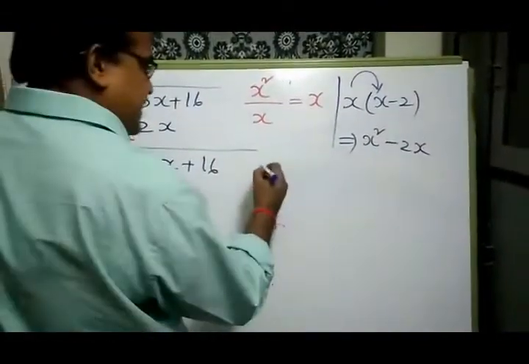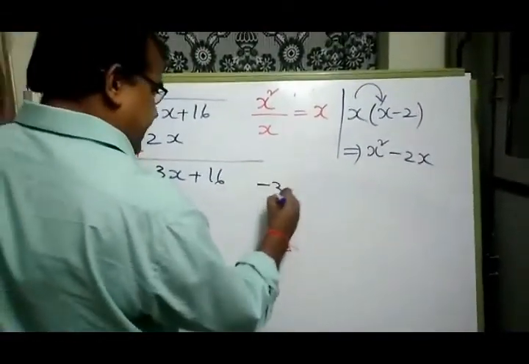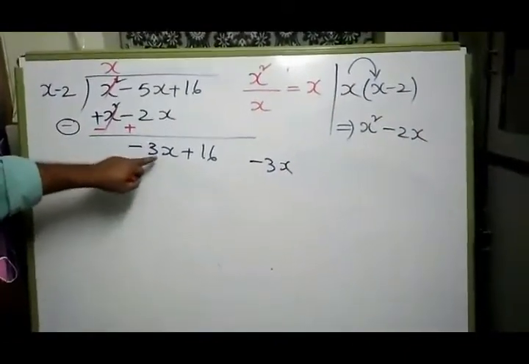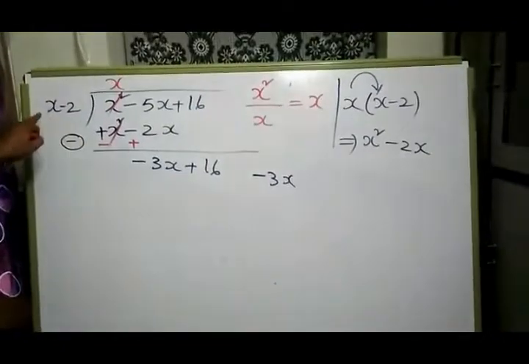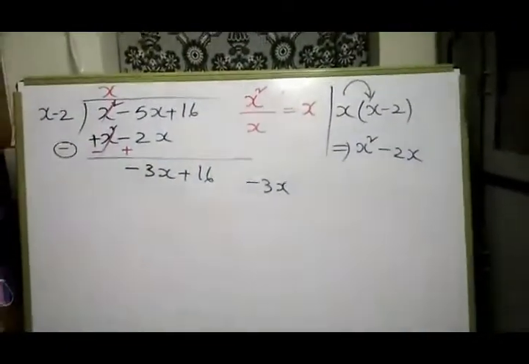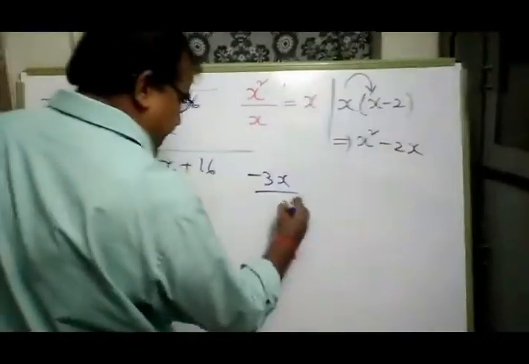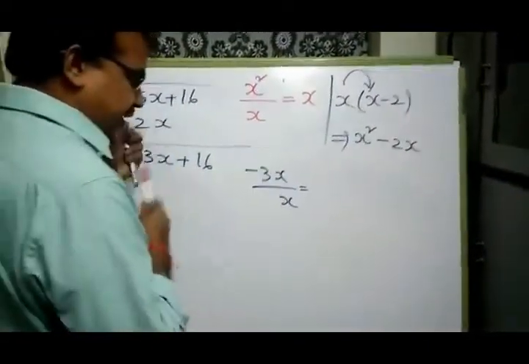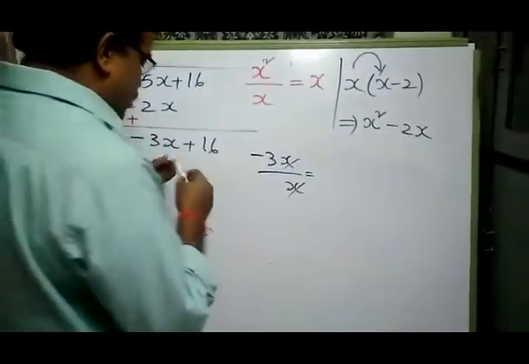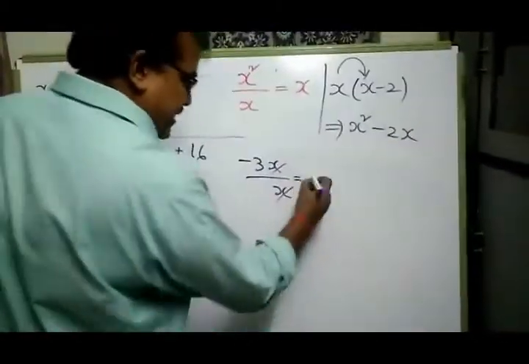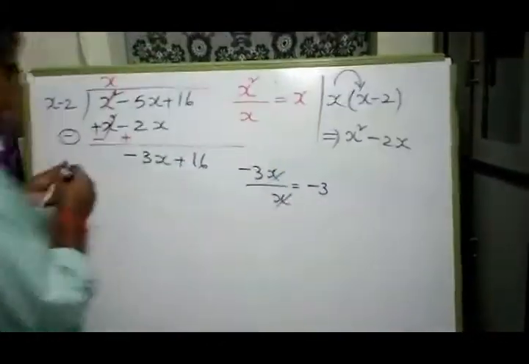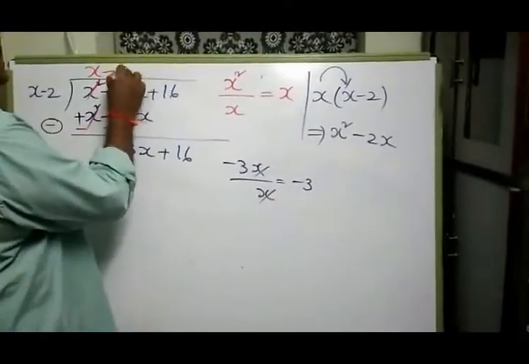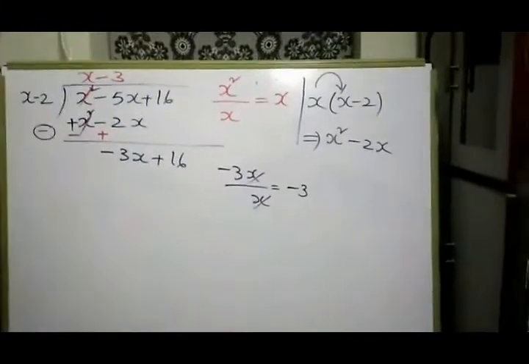Now, minus 3x, you take the first term of this polynomial and the first term of the divisor polynomial. Minus 3x by x is equal to, x by x is cancelled. So what is remaining? Minus 3. This minus 3, you write in quotient place. Now I got the full quotient.